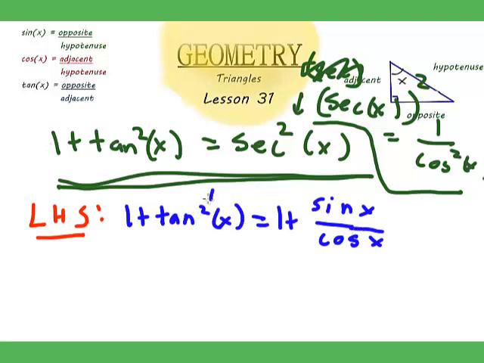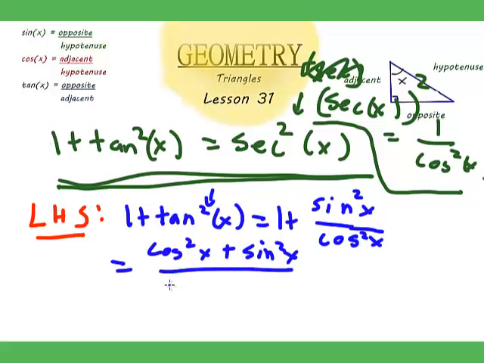But there is a square there, so we have to square the whole thing, or we could say sine squared x over cos squared x. So just remember the little 2 there. Now we could stick the 1 onto the numerator and say cos squared x plus sine squared x over cos squared x. I should put the brackets in so we don't get confused.